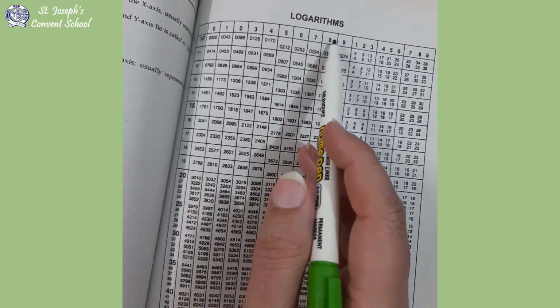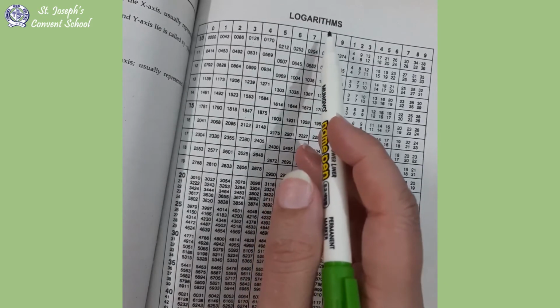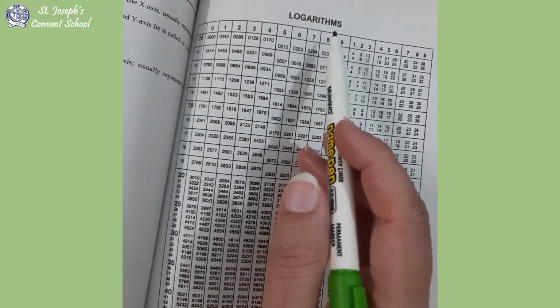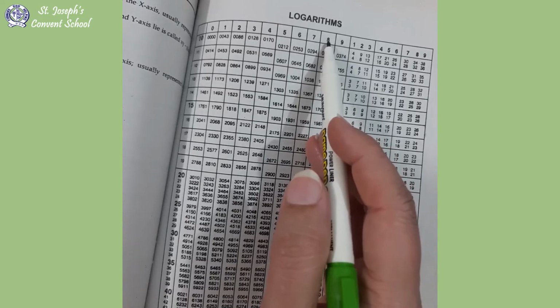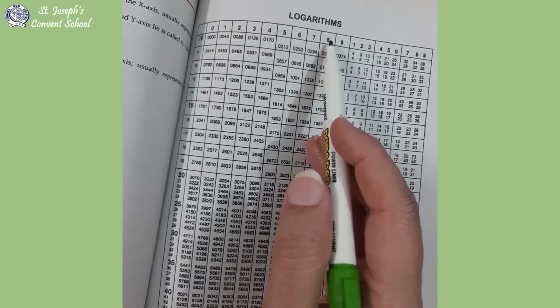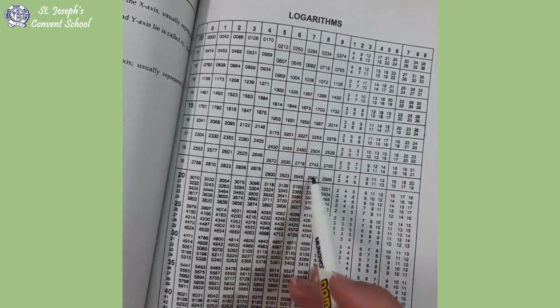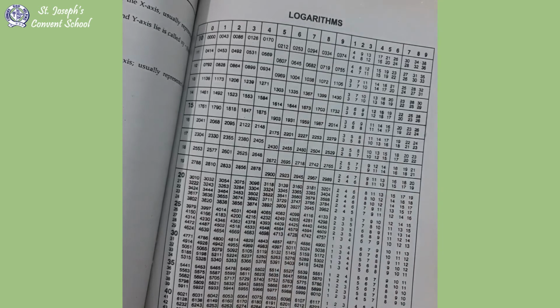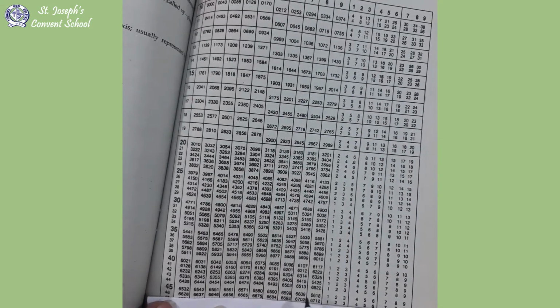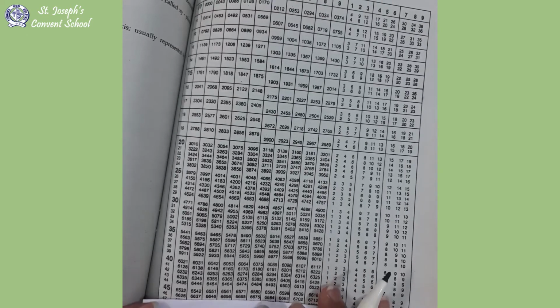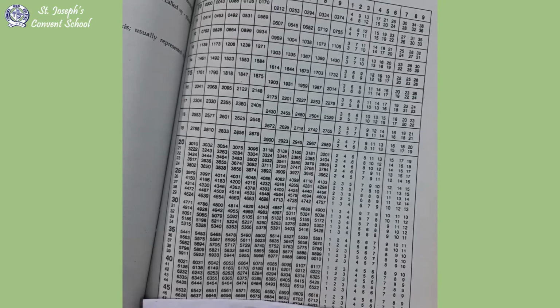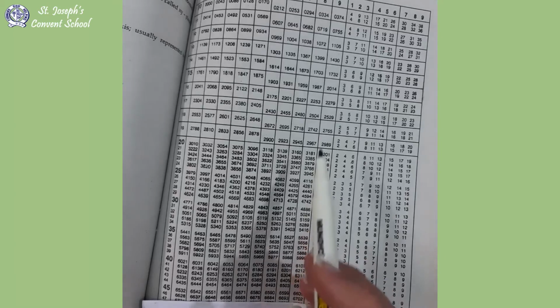Now for this 8 you have to check the intersection. The third digit is 8, so in column 8 you will go down the same column, and you will stop where the 46 is. So this value is the intersection. From here it is 46 and from the top it is column 8.